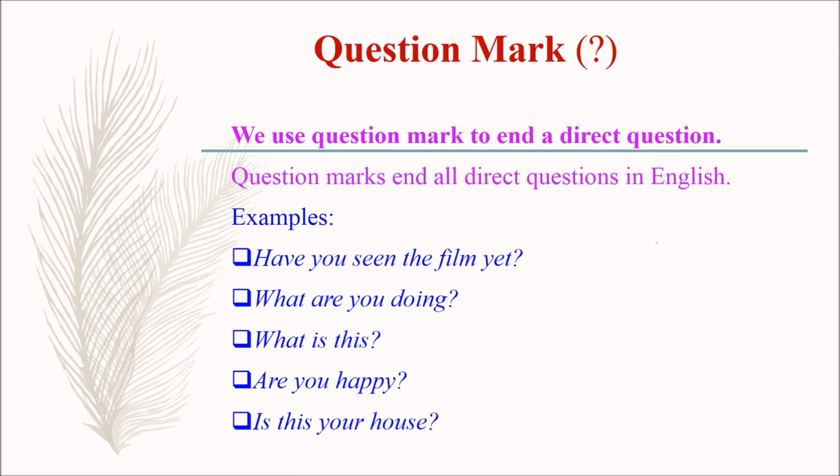Next, we are going to see question mark. We use question mark to end a direct question. Question marks end all direct questions in English. Examples are: Have you seen the film yet? What are you doing? What is this? Are you happy? Is this your house?